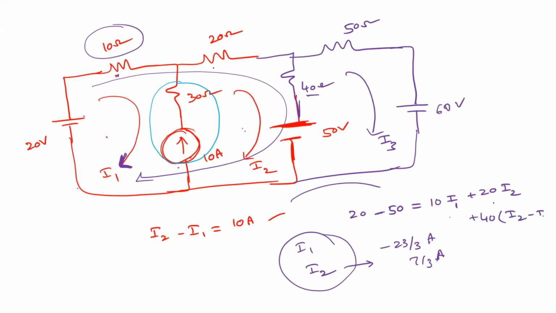So that's why we first assign the currents. After that, write the equations. Is that clear? Here, in the second loop, we need to write as it is. What is the second loop equation? That is mesh 3: 50 minus 60 volts is equal to 40 into I3 minus I2, plus 50 into I3.